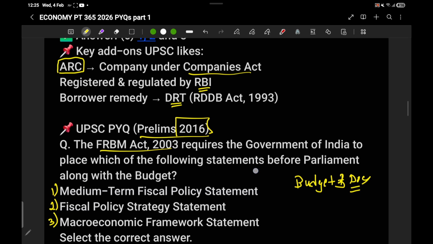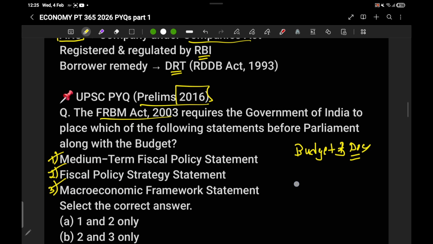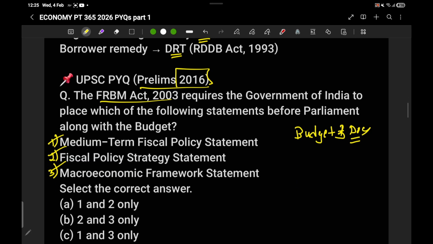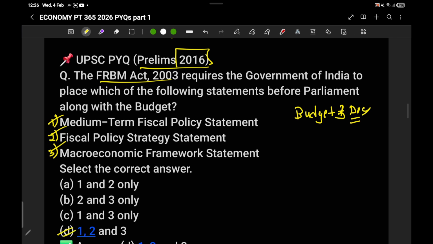Which are they? First statement, medium term fiscal policy statement. Second, fiscal policy strategy statement. Third statement is macroeconomic framework statement. We have learned it yesterday. This is very easy. All the 3 documents have to be kept by the budget team before presenting it to the Parliament. So option D is the right answer here.